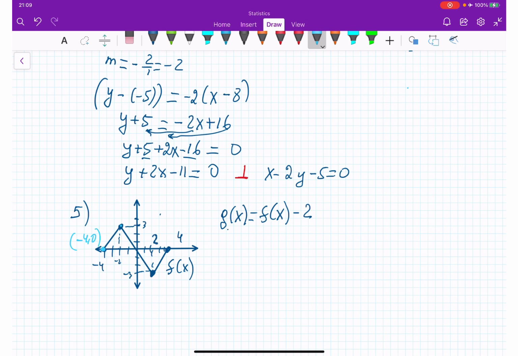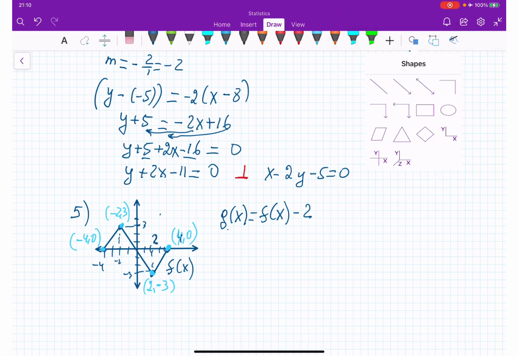For this one, coordinate is negative 2 and 3. For this one, coordinate is 2 and negative 3. And for this one, coordinate is 4 and 0. Okay?